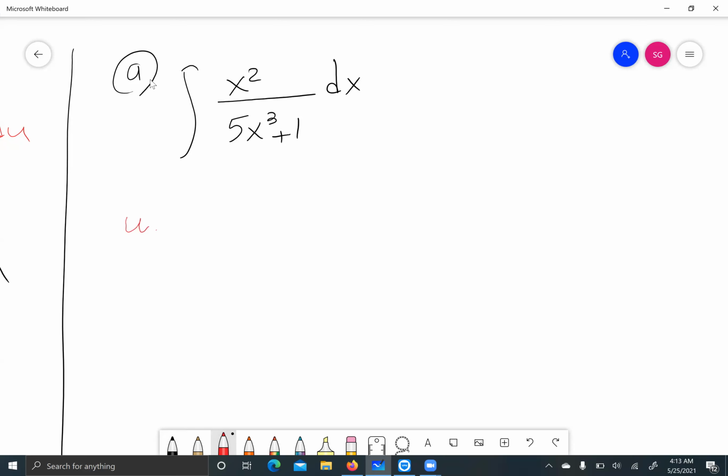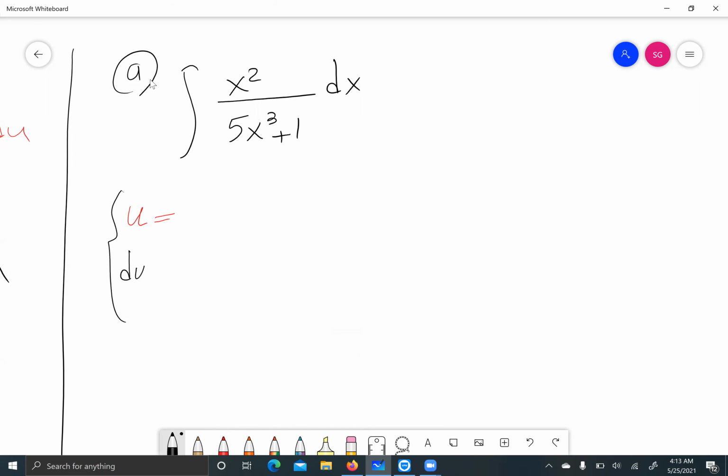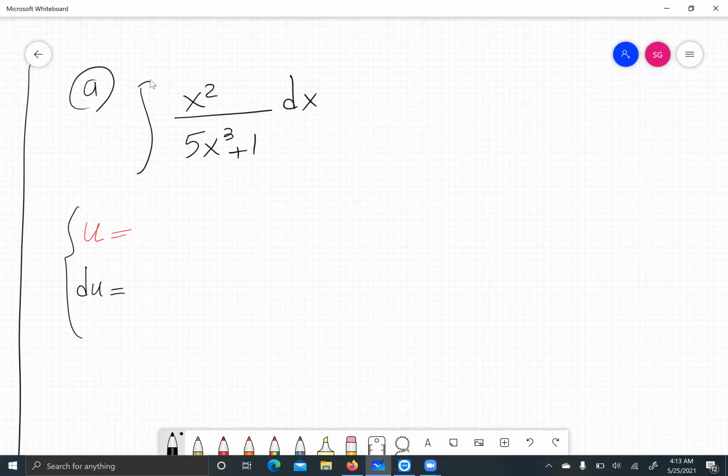Because what does u substitution say? It says to take one of the functions, the inner function, as u, and label that function as u, and then if you take the derivative of that term, it would help you to rewrite everything in terms of u. So it's like getting rid of the variable x.